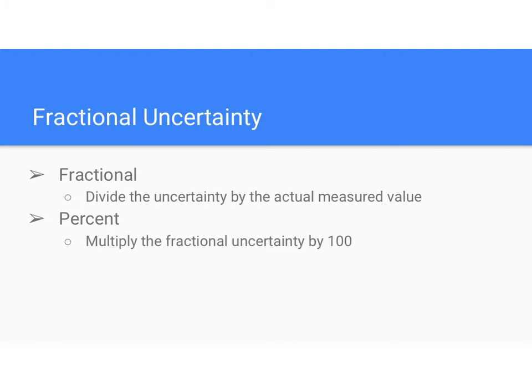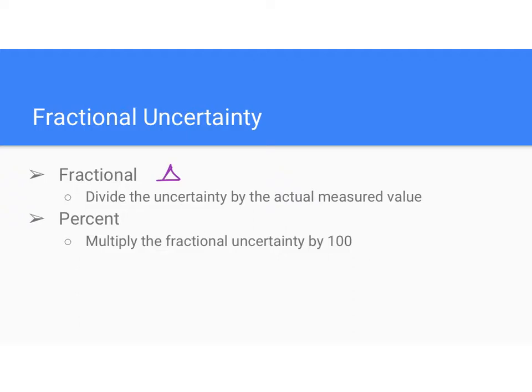Then we have fractional and percent uncertainties, and these are going to be important because sometimes percent uncertainty is just a more appropriate measure, but also when we start carrying uncertainty through our calculations, we're going to have to be using these as well. For the fractional, we're going to divide the uncertainty by the actual measured value. You'll often see that fractional uncertainty is written with a delta.